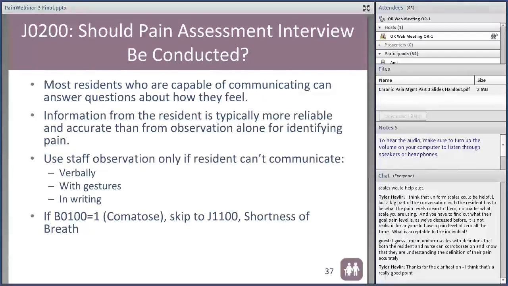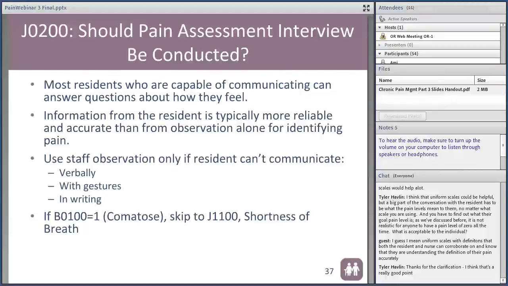So J200, should the pain assessment interview be conducted? Of course, most residents who are capable of communicating can answer questions about how they feel. During the workshops and seminars that CMS has held, they say that typically 85% of people can be interviewed, can understand, and be able to do these interviews.